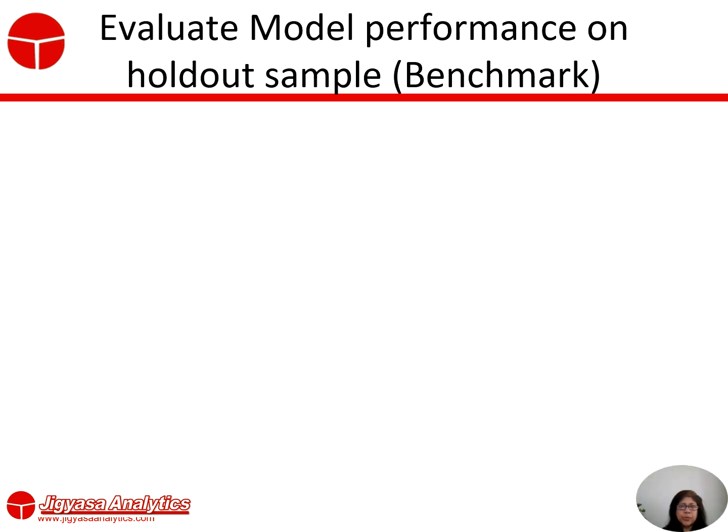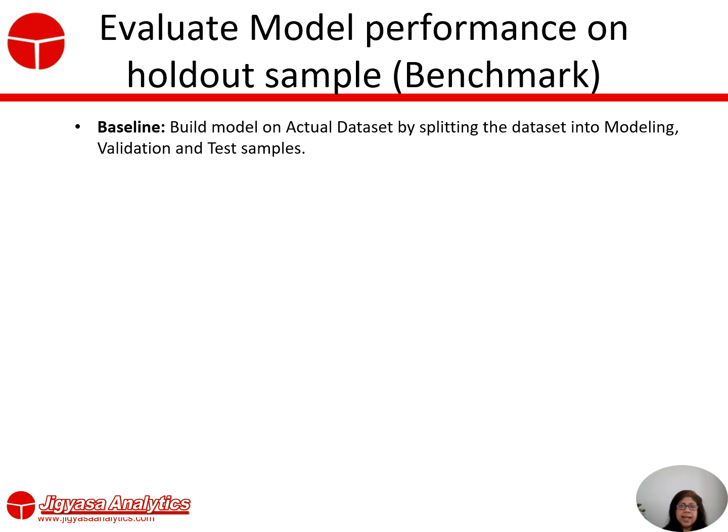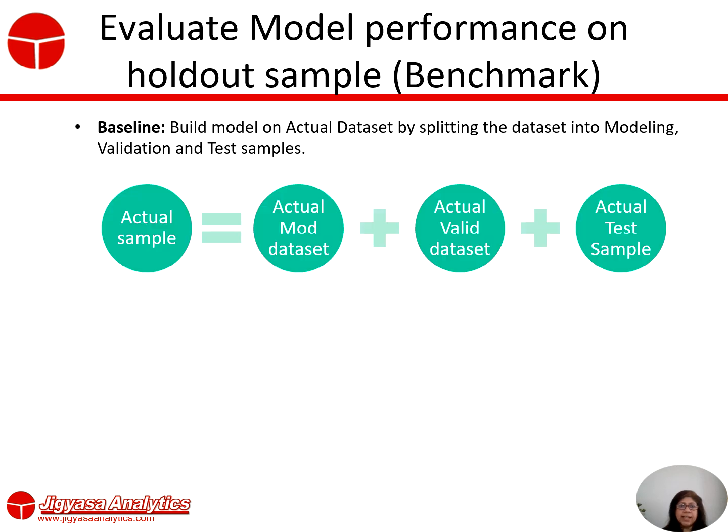Perhaps the best way to evaluate a synthetic dataset is to build a model using the synthetic data and see how well that model performs on real data. In order to create a benchmark for this test, we decided to split our real sample into three parts: modeling, validation, and test samples.